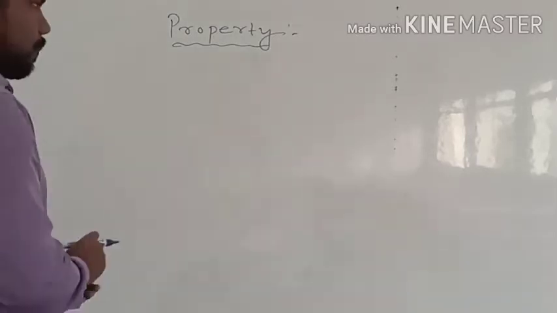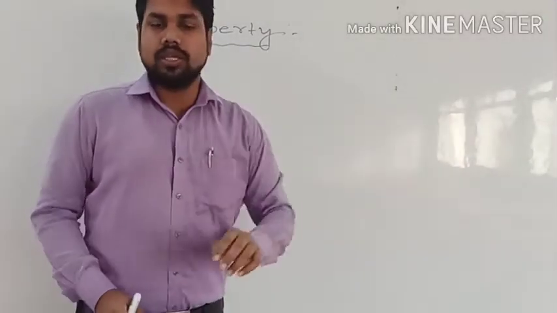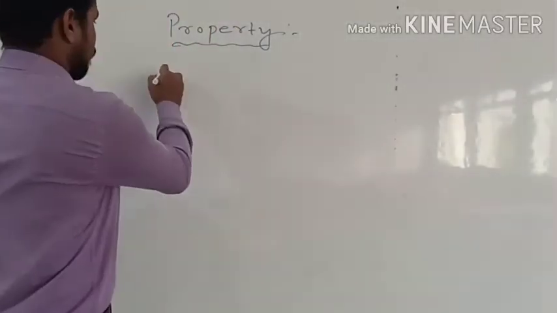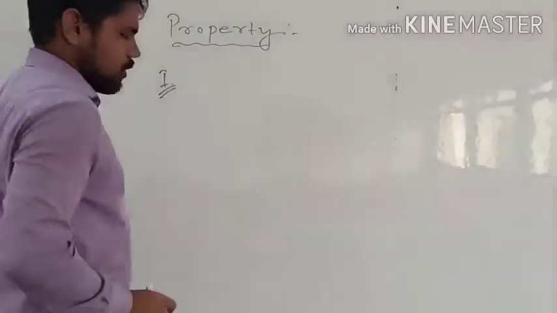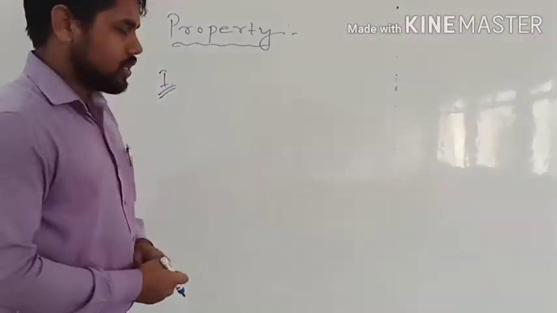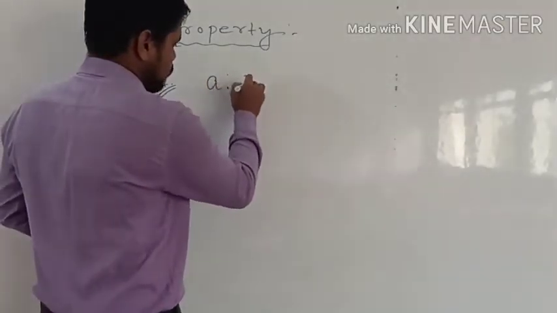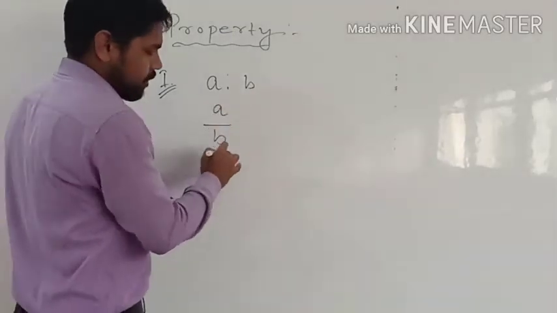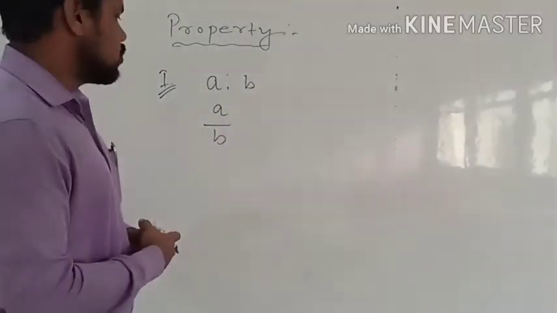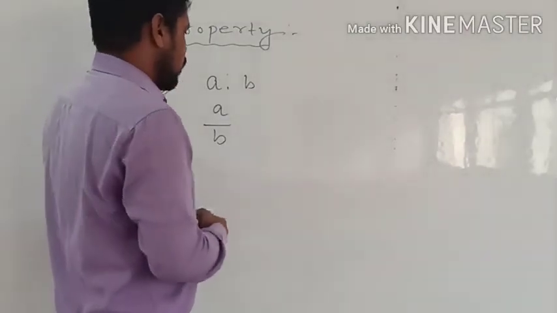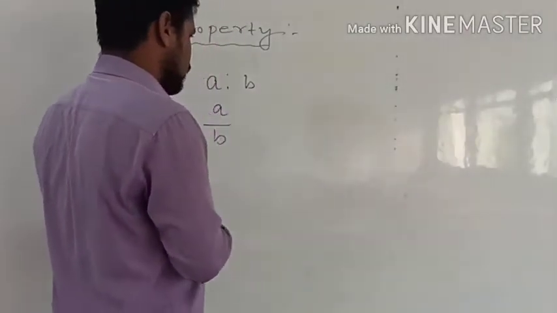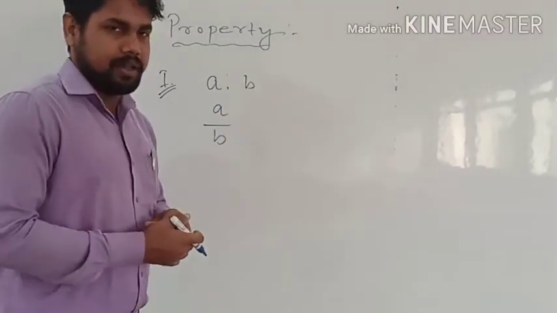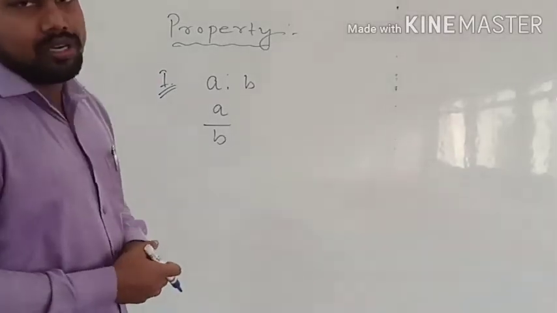Now we will learn two properties related to ratio and proportions. So the first property of ratio and proportion is, suppose I am taking one ratio A is to B, or we can write this as A divided by B. So the first rule is saying that if you are multiplying both the terms by the same quantity, then the ratio doesn't change.